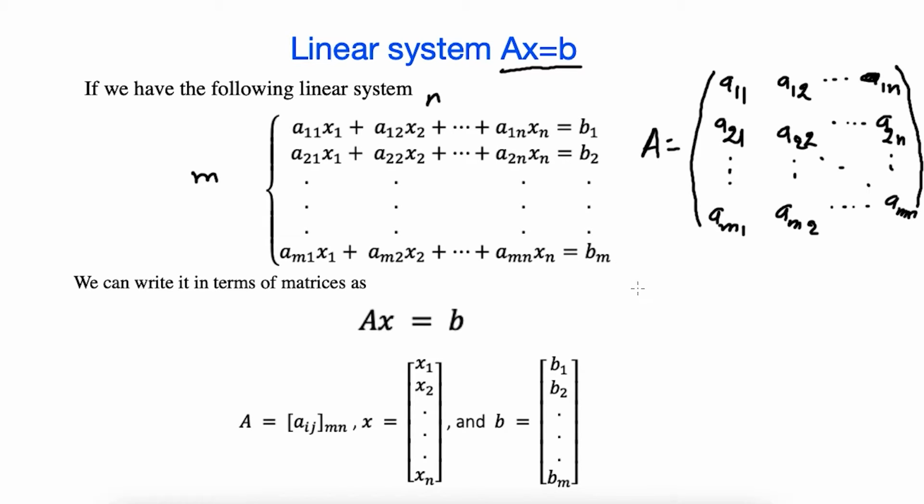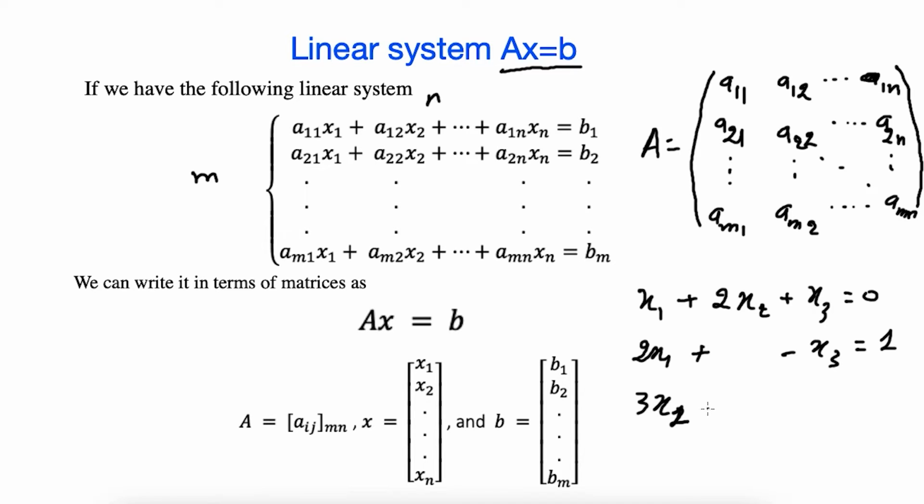For example, if we have a linear system of three equations: x1 plus 2x2 plus x3 equals 0, and 2x1 plus 0x2 minus x3 equals 1, and 3x1 minus 4x2 plus 3x3 equals 4.